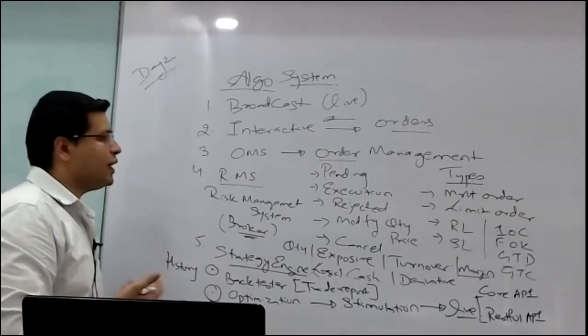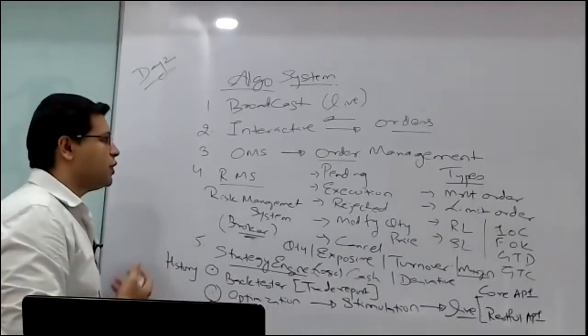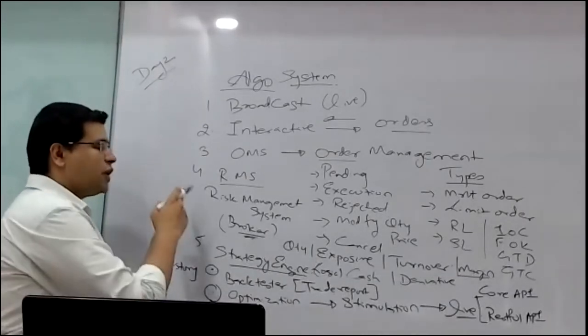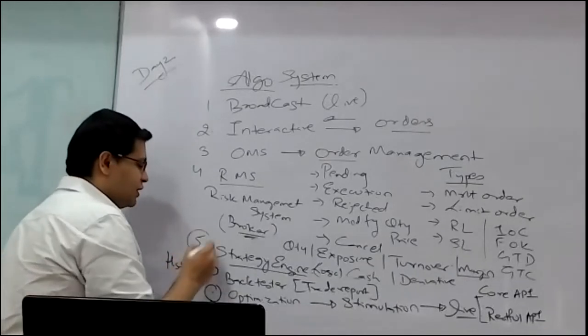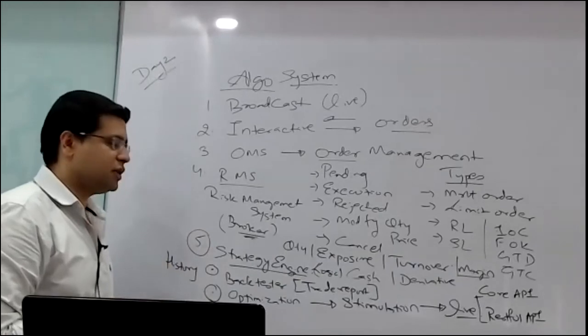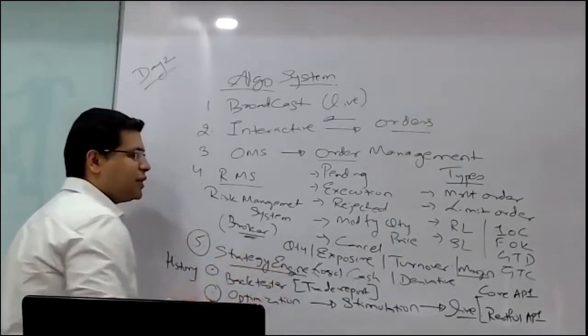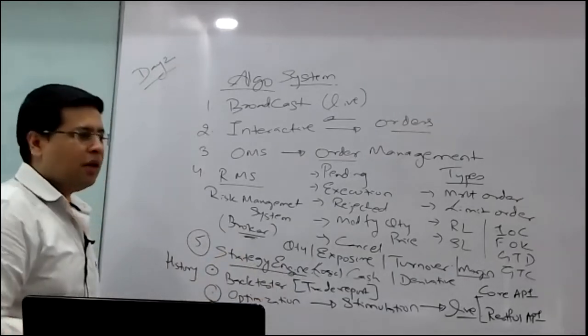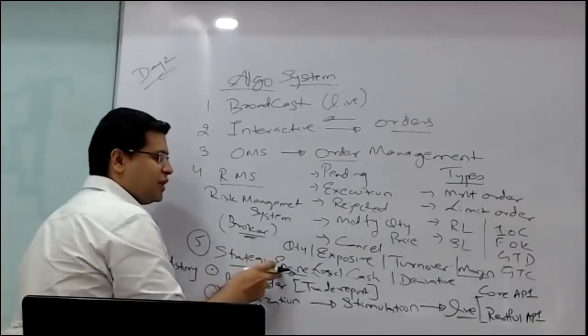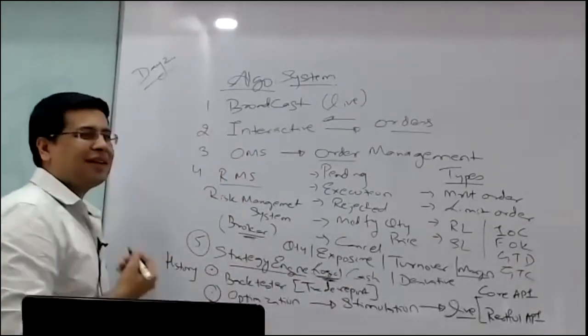If you are connecting it, obviously you need broadcast, you need the interactive socket, and you will need OMS and RMS. What changes is the strategy engine part, the logic that goes into this strategy engine. The agenda is basically to fine tune or get the best strategies here. And the kind of logic you assign keeps changing.